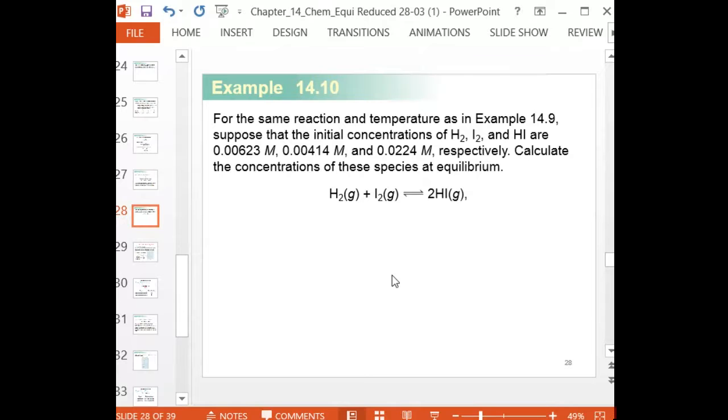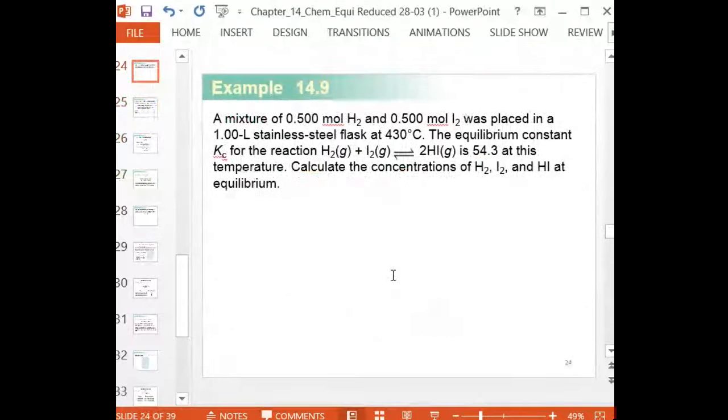In the previous example, the initial concentration of only H2 and I2 is given. 2HI is not given, right? Yes or no, please tell me. Right, the concentration of only 2 things is given. So this reaction automatically proceeds in the forward direction because there is no back formation. Reactant changes to product.